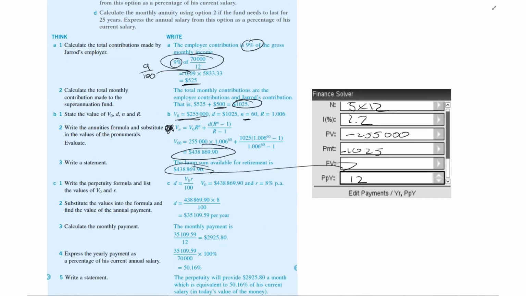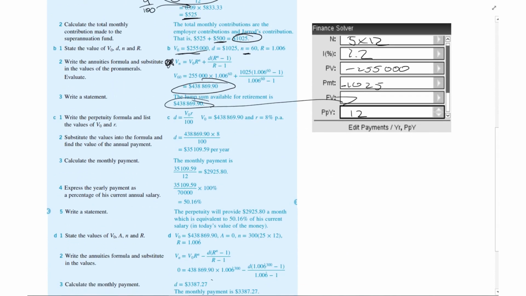Okay, so let's have a look. Write the perpetuity formula. Remember, our perpetuity formula is this one here. My V0 is going to be the value we just worked out, and we've been given an R of 8%.